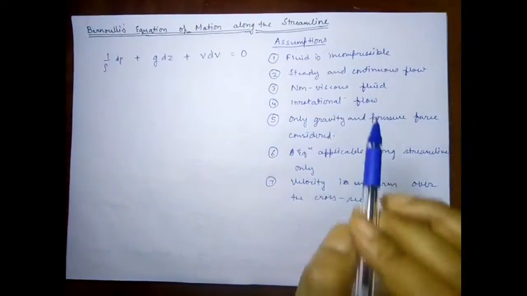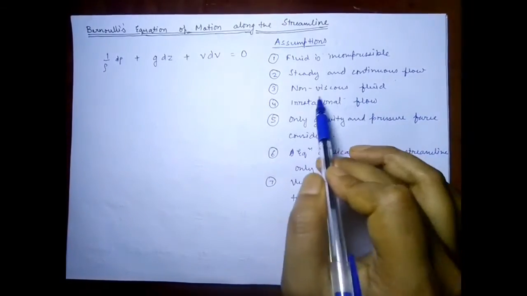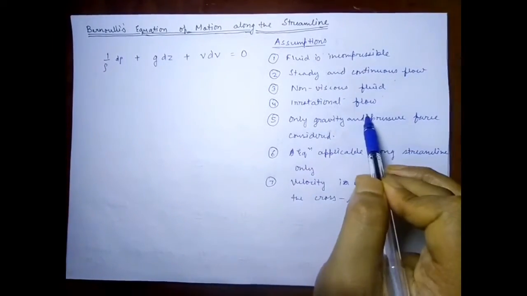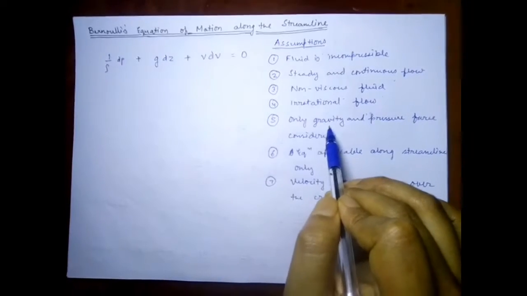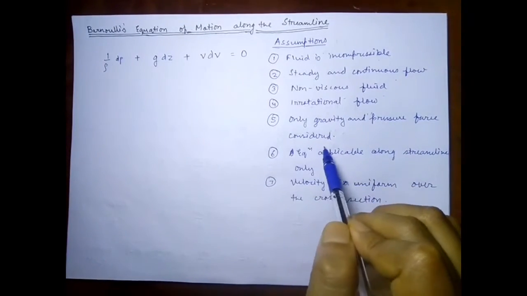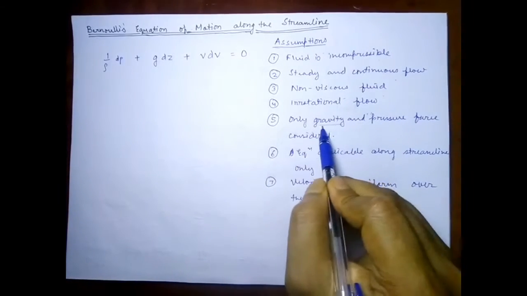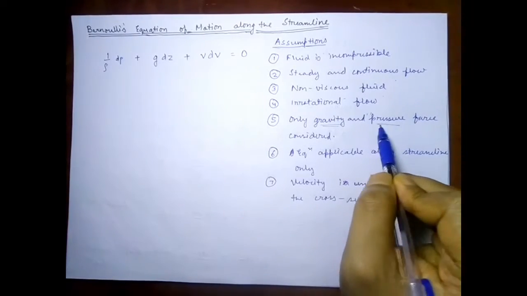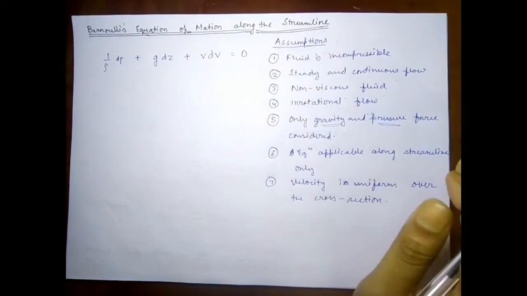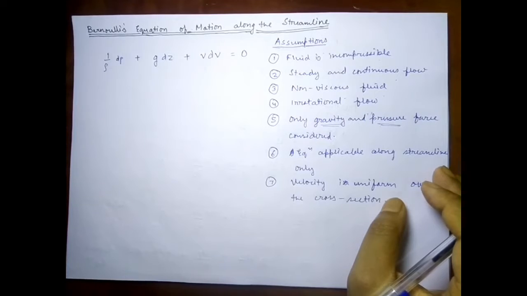The fluid flow will be incompressible, steady and continuous flow, non-viscous fluid, irrotational flow, and only gravitational and pressure force are considered, because as you know, we read in the previous section where we studied about the forces acting on flowing fluid. There we studied that Euler's equation is totally dependent on gravitation and pressure force only, not any other kinds of force like viscous or compressible or surface tension force.